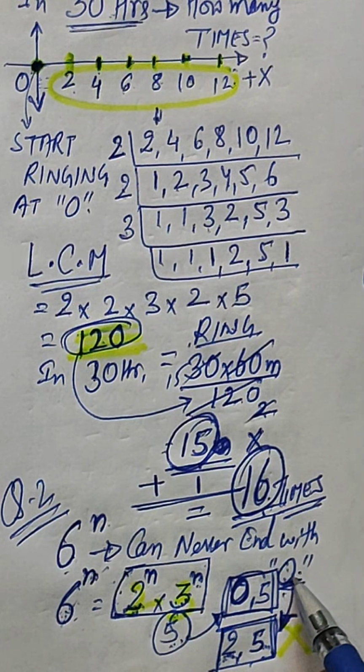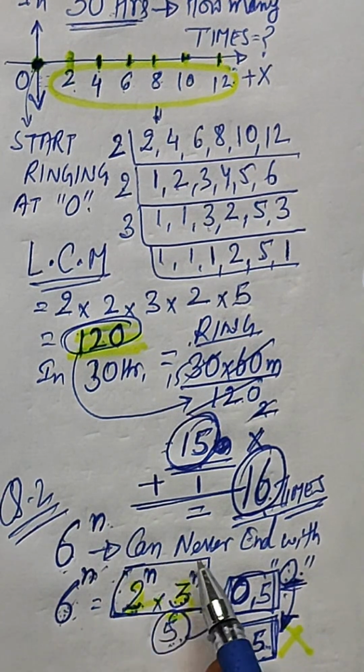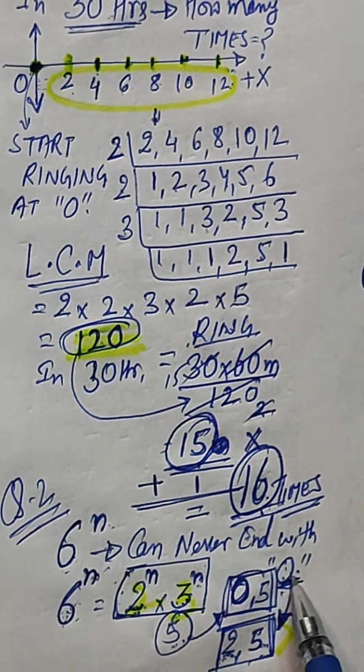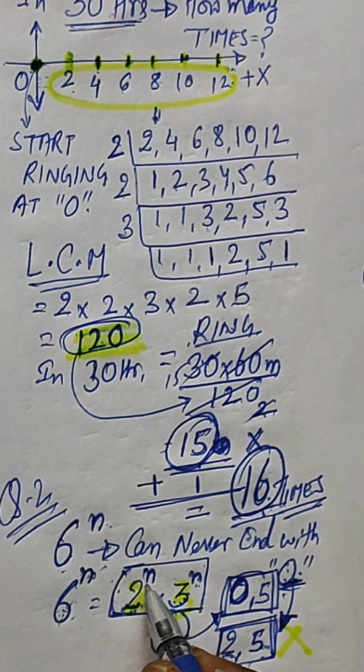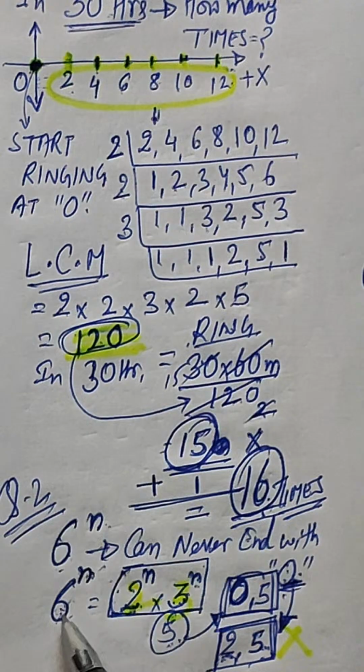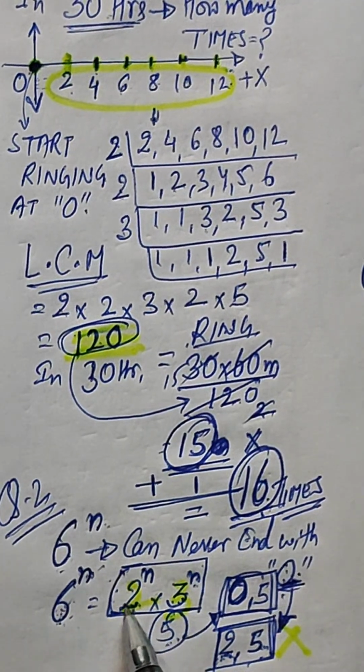The question was that 6 to the power n can never end with 0 for any natural number. So definitely, my dear friends, for any natural number n, the base is 6, and the factors of 6 are 2 and 3.